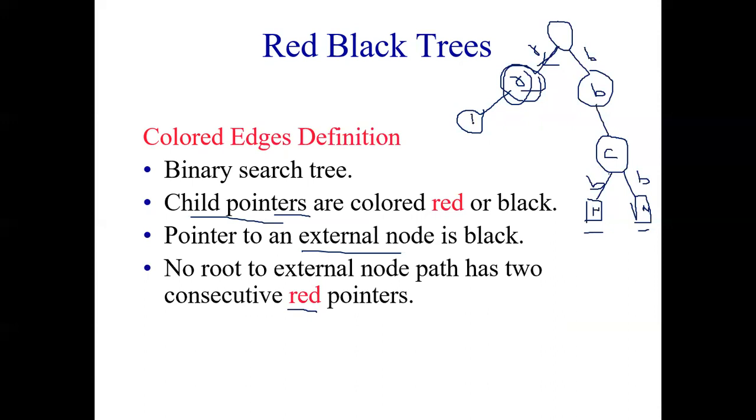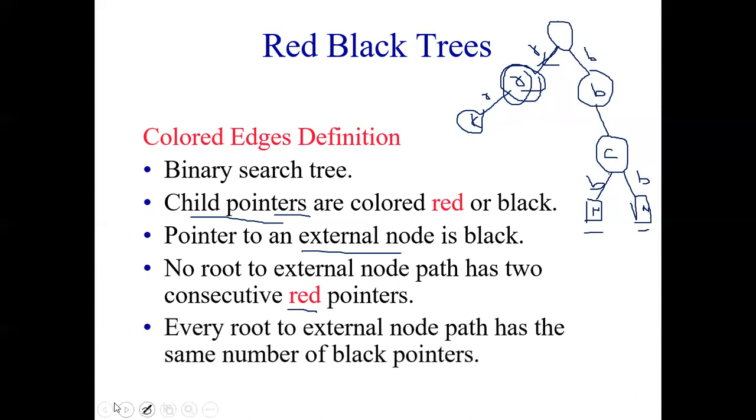So if this is a red edge, and this is also a red edge, then that is not allowed. Okay. And the fourth is every route to external node path has the same number of black pointers. Okay, from root to external node, if you count the number of black pointers, the number of black pointers should be same. Okay. So these are the definitions for edges.